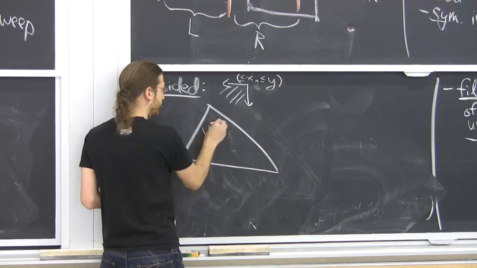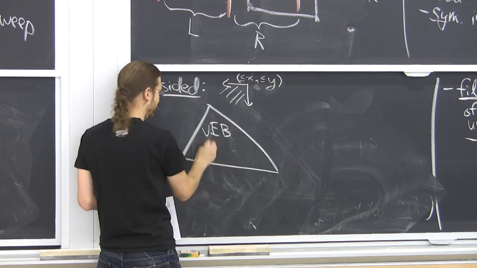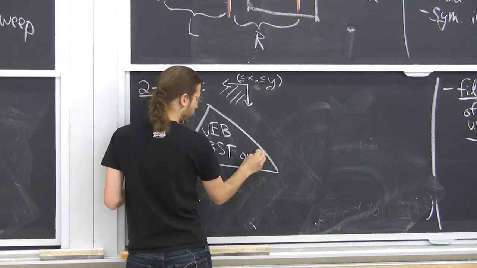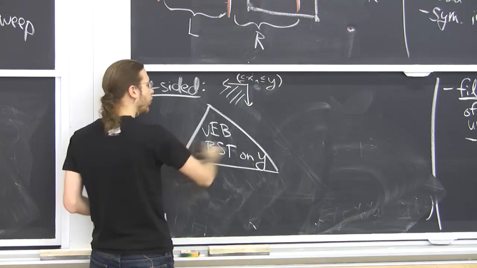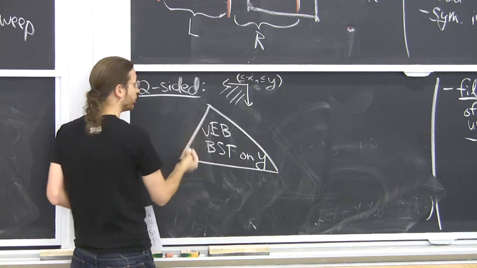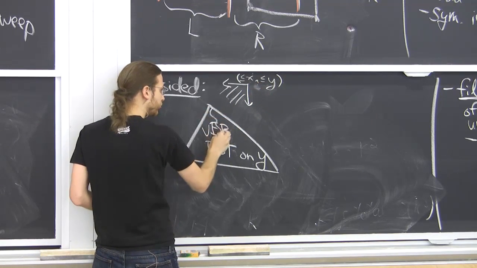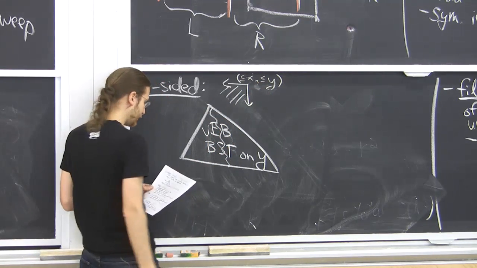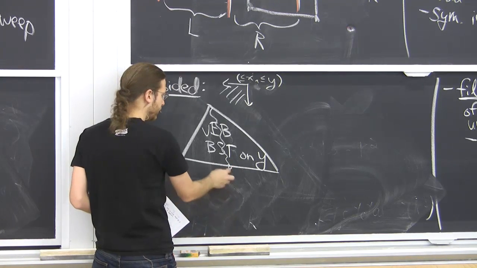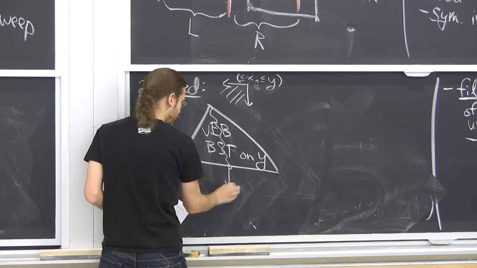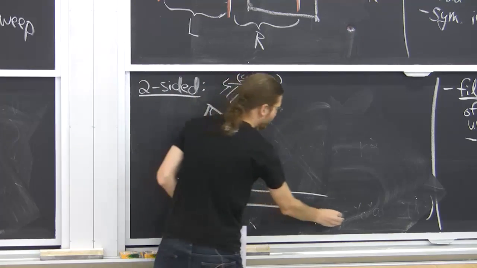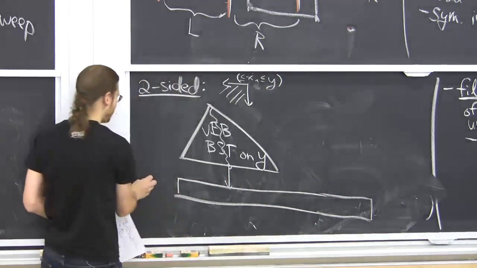We're going to have a van Emde Boas layout, so a binary tree on the y coordinate. This just stores all the points sorted by y. So if you want to do this query, you search for that value of y. Then each of these positions, in between two keys in here, has a pointer to an array. The array is not sorted by x or y. It's a very weird thing.